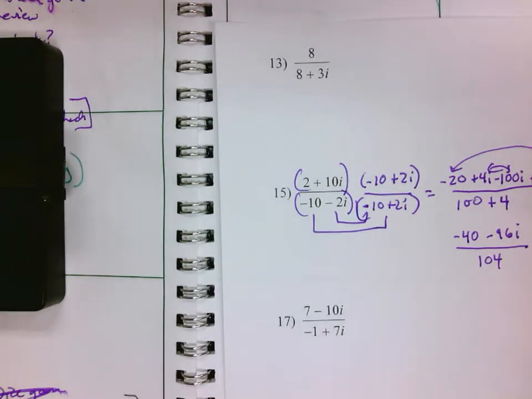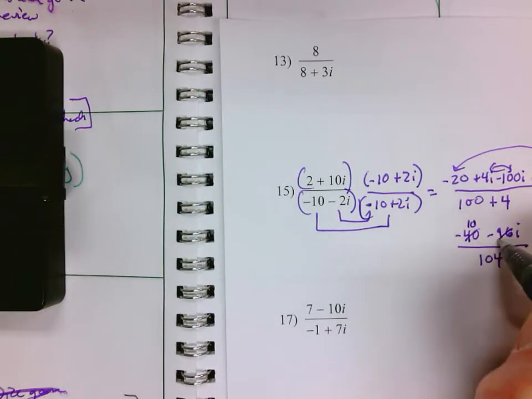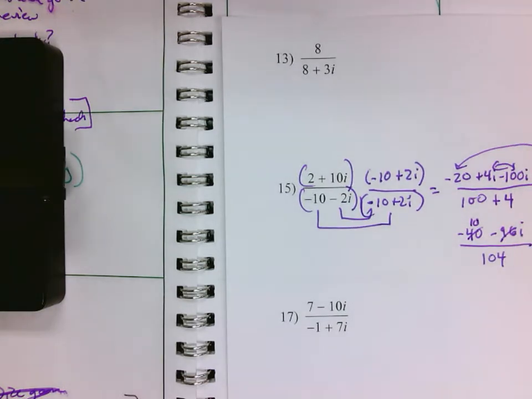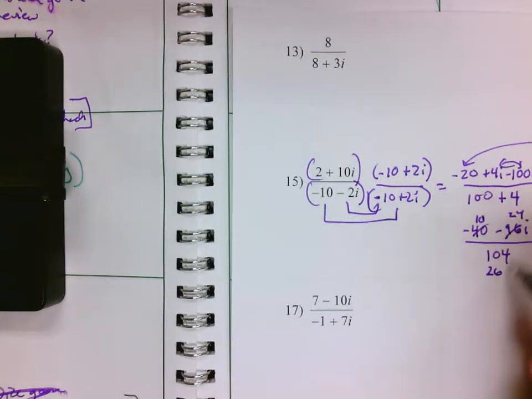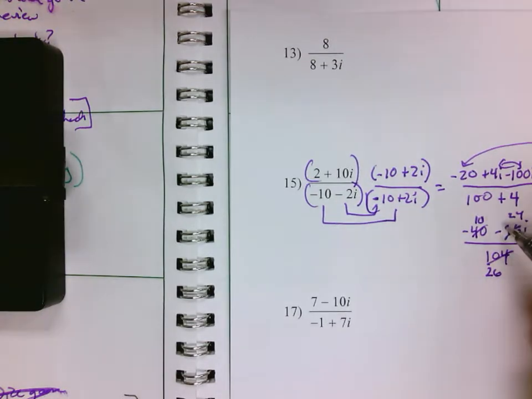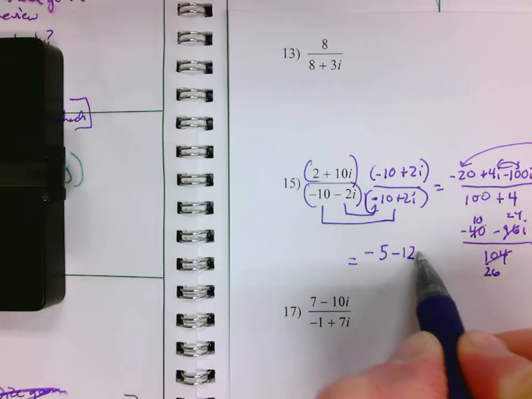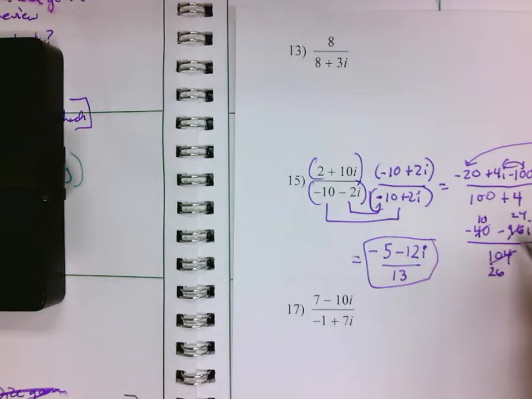So if I take a 4 out of here, I get 10. If I take a 4 out of here, 24. 4 out of 104, 26. And then I see I can take a 2 out of each of them. So your final answer, negative 5 minus 12i all over 13. So make sure when you reduce, you can always take the same out of each one.